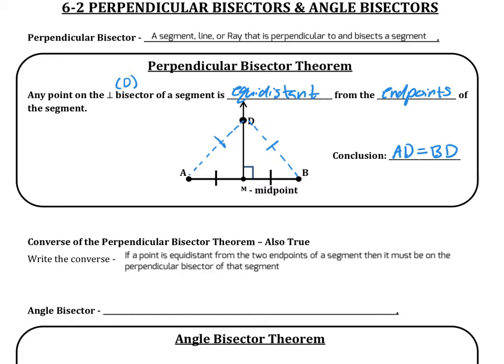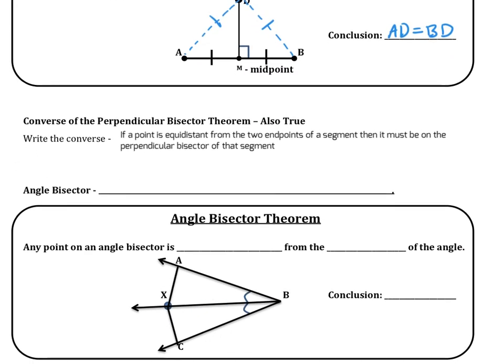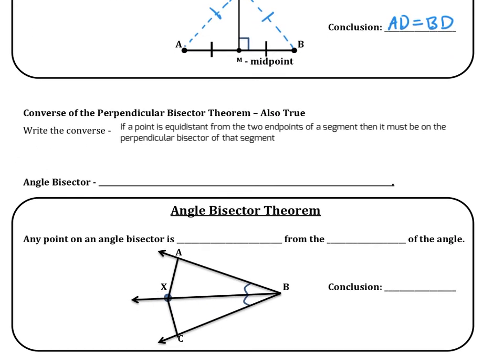So the converse of the perpendicular bisector theorem is also true. If we know that a point is equidistant from the two endpoints of a segment, then it must be on the perpendicular bisector of that segment.